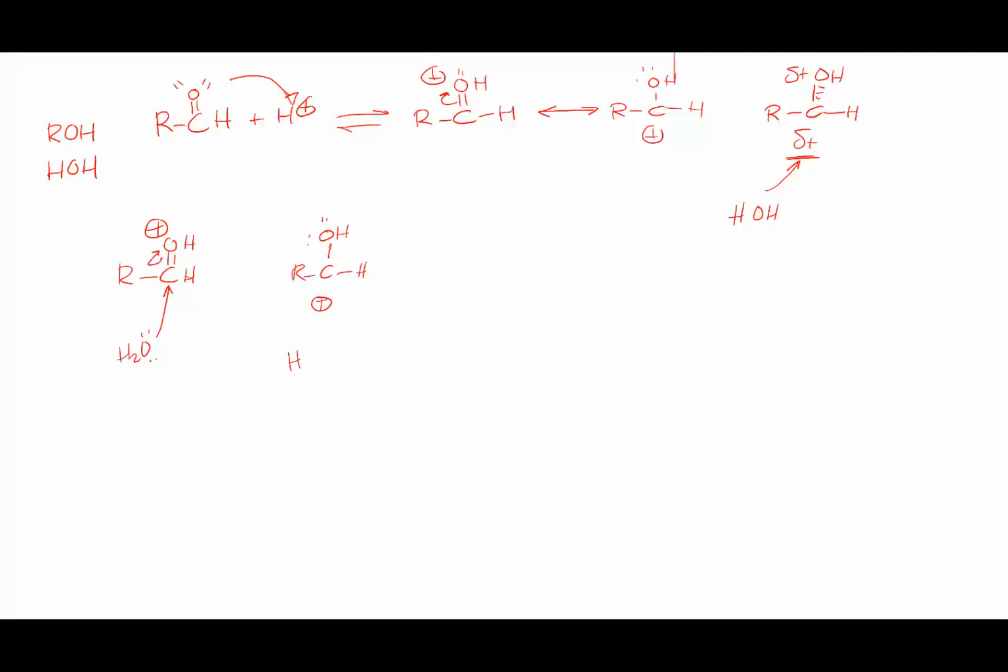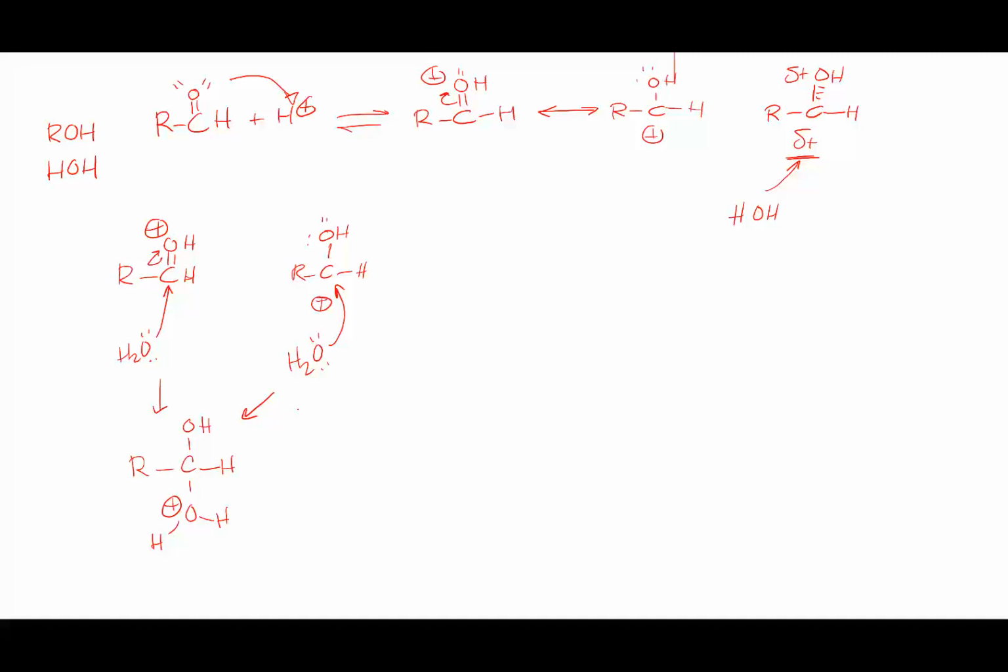If the water comes in and adds to the carbocation, I don't care which one of these two resonance structures you use, but you're going to have to use one. So then in each case, I'm going to end up with that.